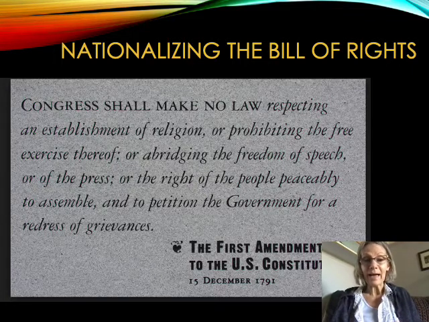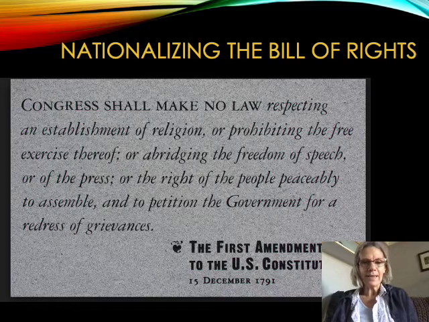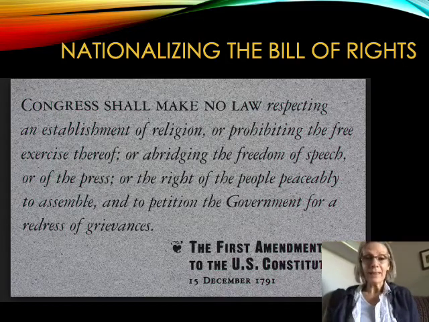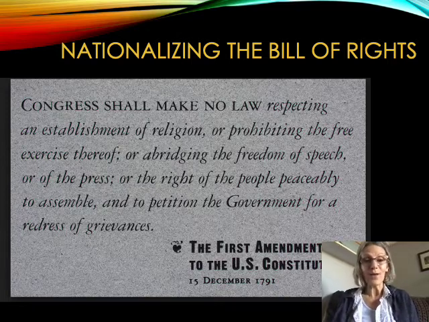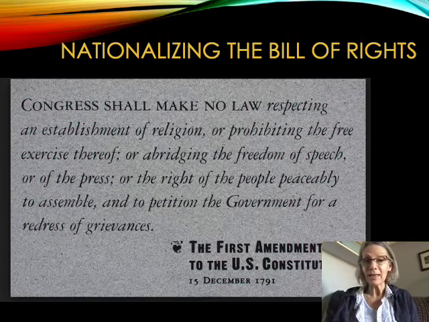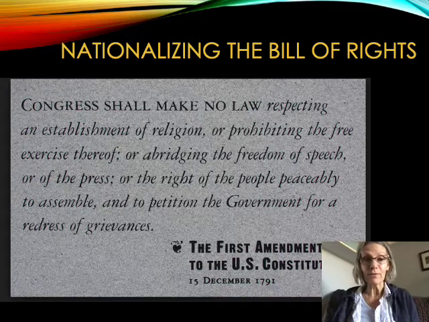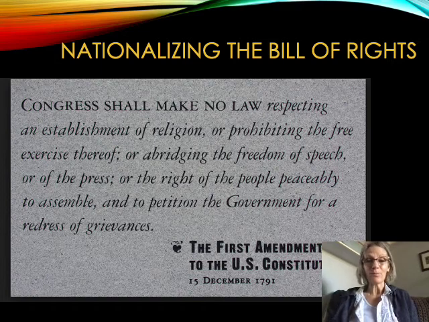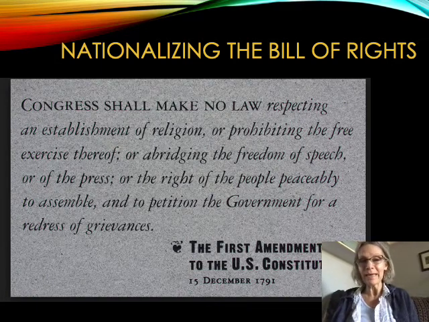Wait a second. Congress is the federal lawmaking branch. Does that mean the states can make laws abridging my freedom of speech? At the time I lived in Indiana, a kind of conservative state, so I thought, I better check out Indiana laws. Maybe they can abridge my speech or criminalize what we read or listen to.